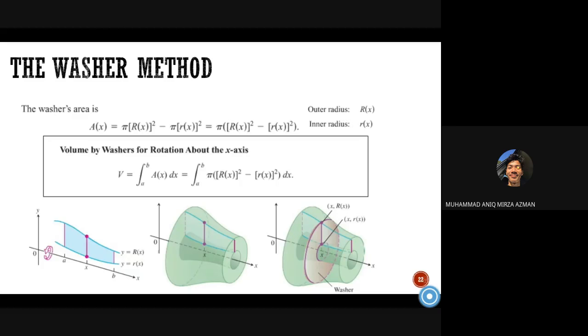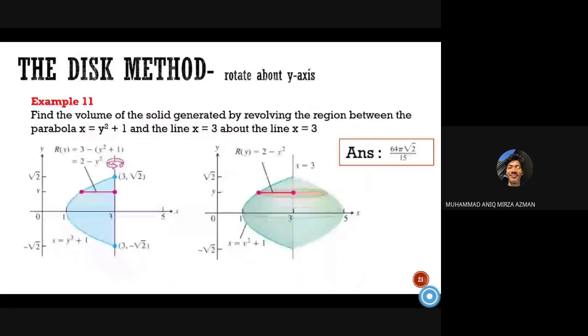Okay, so sekarang ni kita akan start with the washer method. Apa maksud washer method? Kalau sebelum ni we have done with this method. Yang kita dalam asynchronous lecture I've explained, you have a region when we rotate about the axis ataupun about the line, maybe horizontal line or vertical line, kita akan dapat solid.